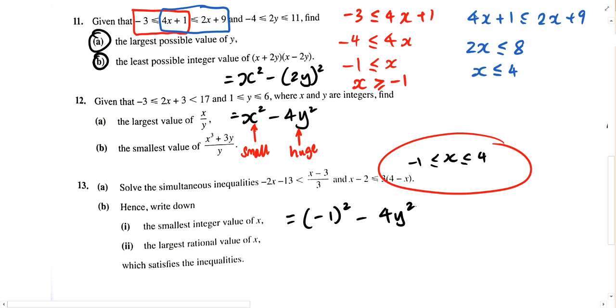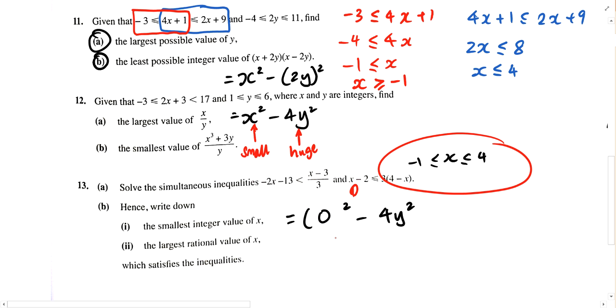But does this really give you the smallest possible value of x square? This is 1. Okay, this part over here gives us 1. What if I choose to put in a 0? Because 0 is one possible value for x. If I put in a 0, then my 0 square actually gives me 0, which is less than 1. So now I know my x value should be 0.